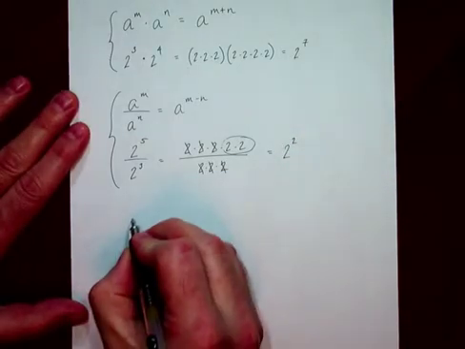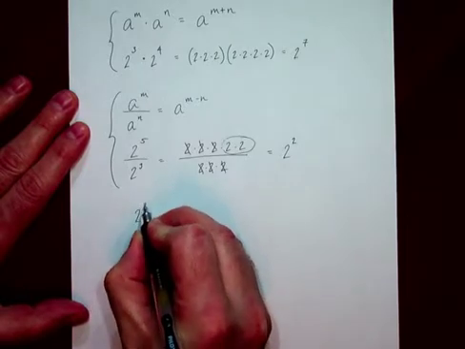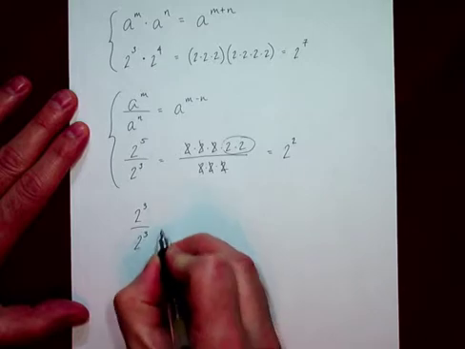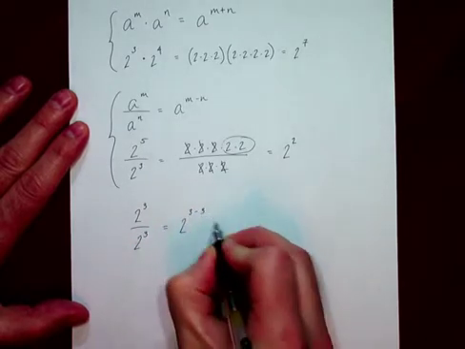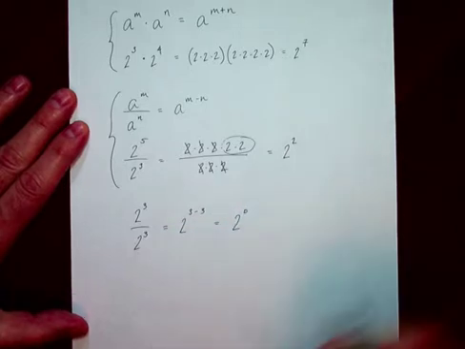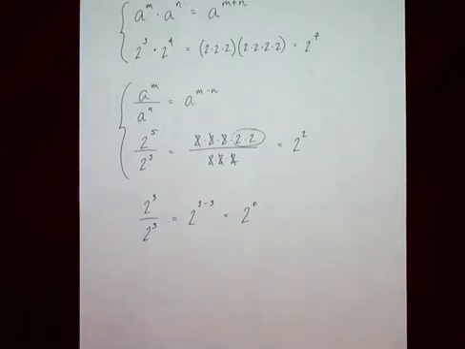But let's say you were given 2^3 over 2^3. Well, that should be 3 minus 3, or 2^0. And that 0 power communicates to us that there was no imbalance between the number of 2's as factors in the numerator and the number of 2's in the denominator.